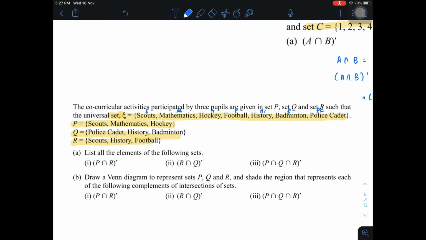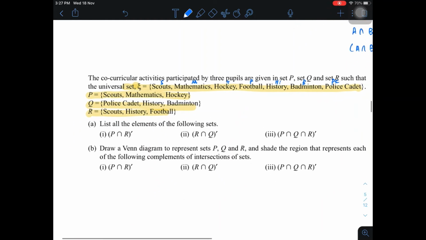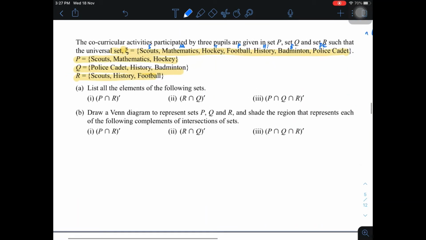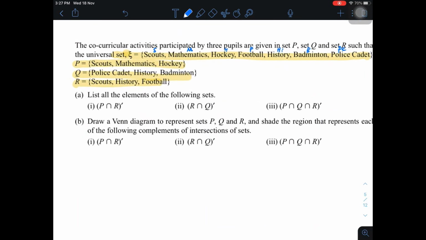Alright, so list all the elements of the following sets, the complements of P intersect R. So what is the intersection of P and R? Right? Intersection of P and R, we'll focus on these two, would be Scouts, and that's all.